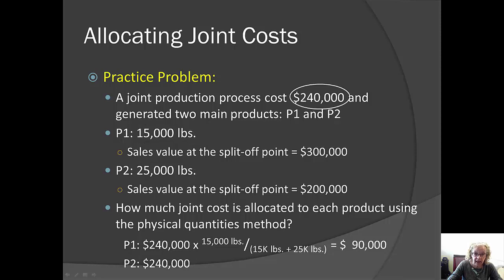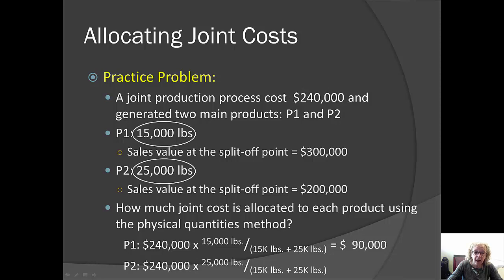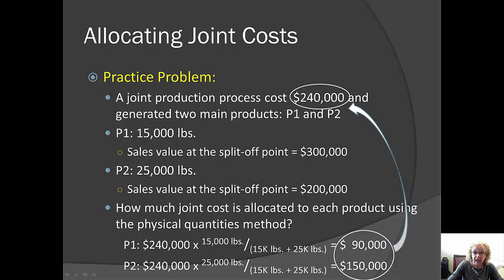P2 would get its share of the $240,000 of joint costs by multiplying that by its 25,000 pounds out of a total of 40,000 pounds, which equals $150,000 of joint cost. Add them up, they must equal the total joint cost.